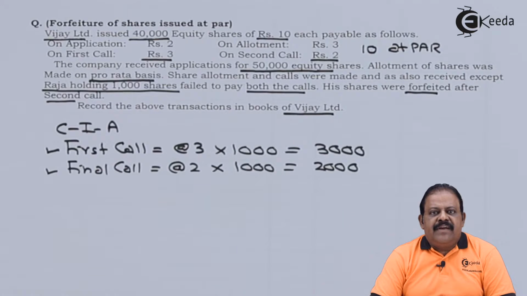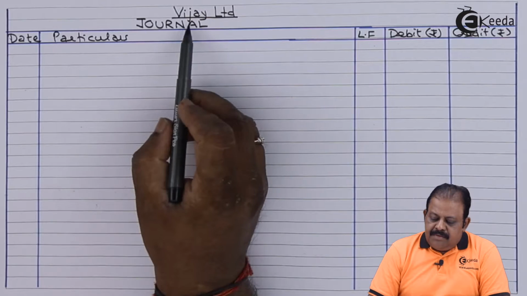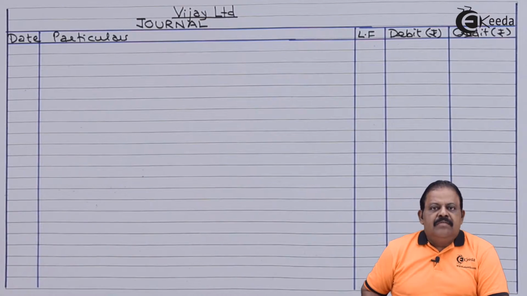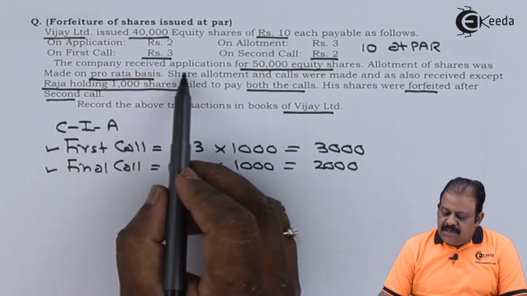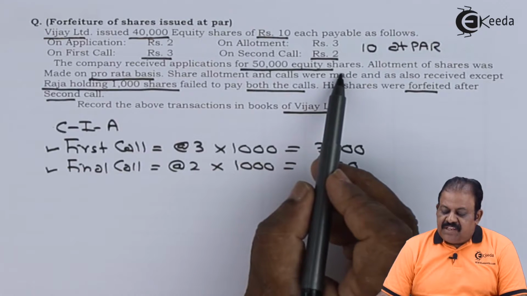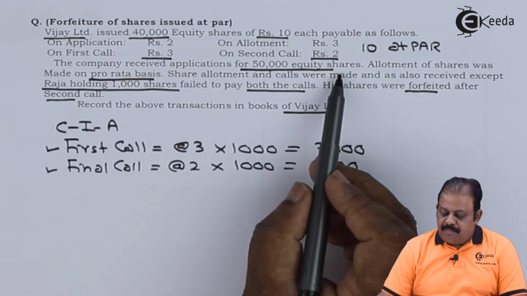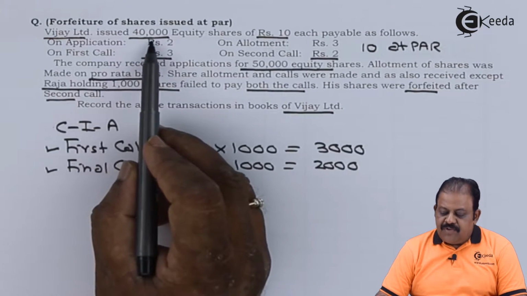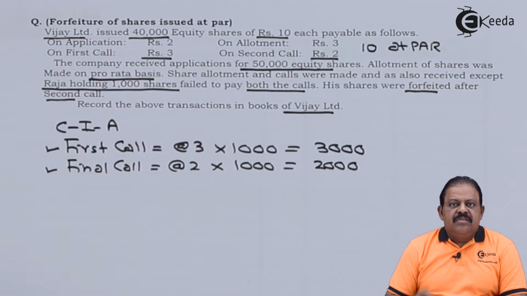Let us record journal entries. Vijay Limited journal. The first step will be the application stage. The company received applications for 50,000 equity shares. The size of issue is 40,000, so there is pro rata allotment.